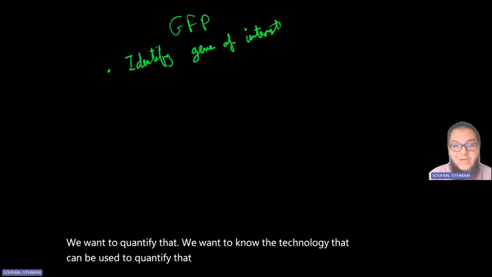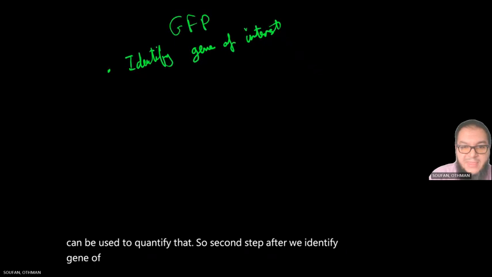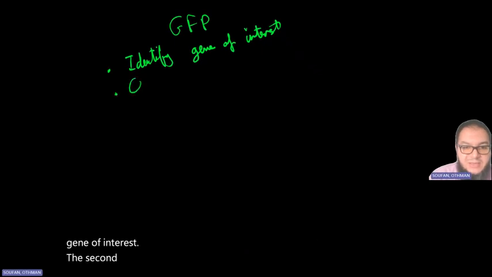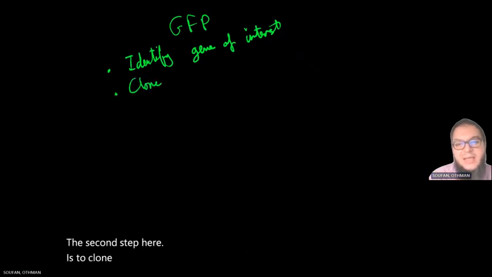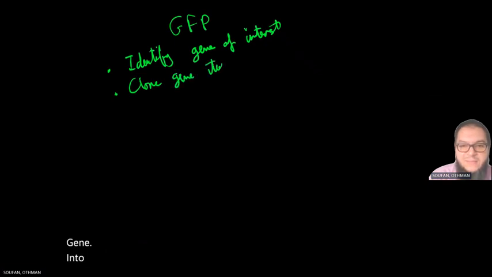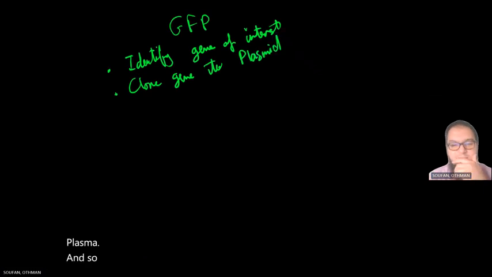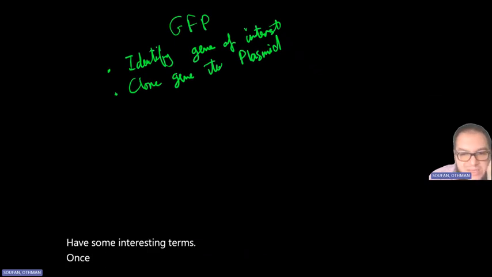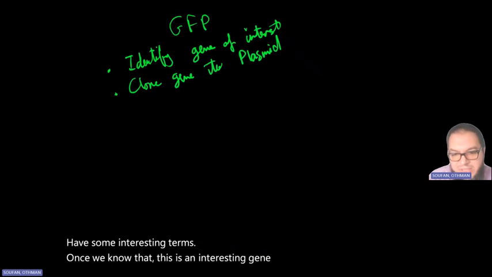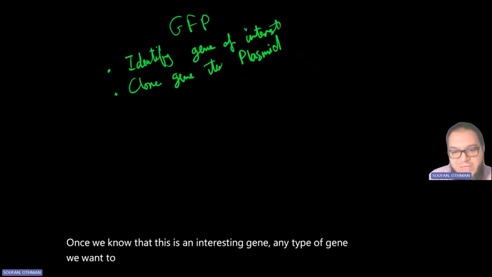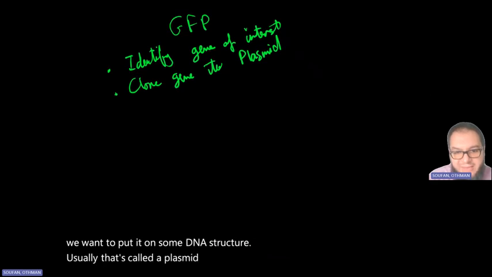So the second step, after we identify the gene of interest, is to clone the gene into a plasmid. Here I have some interesting terms. Once we know this is an interesting gene, any type of gene, we want to put it on some DNA structure. Usually that's called a plasmid.